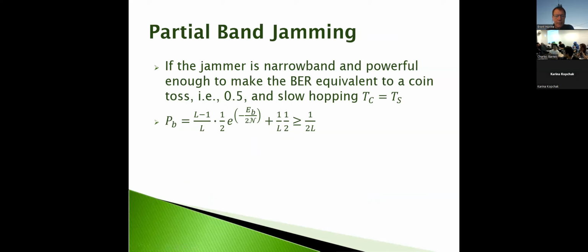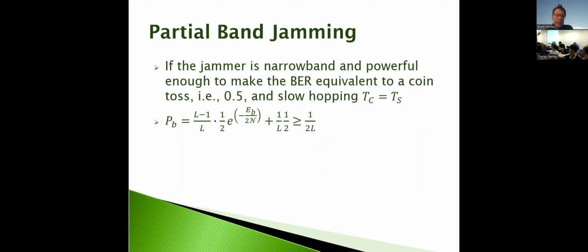Now let's look at partial band jamming. Now our jammer is only jamming over a narrow bandwidth, and it is able to concentrate all its power in a particular channel.